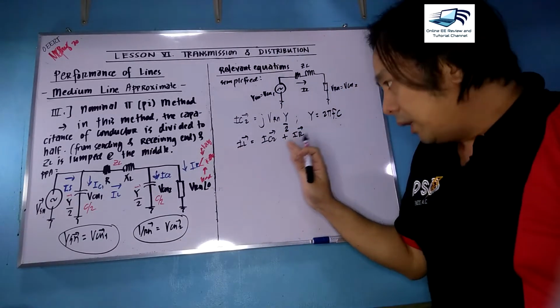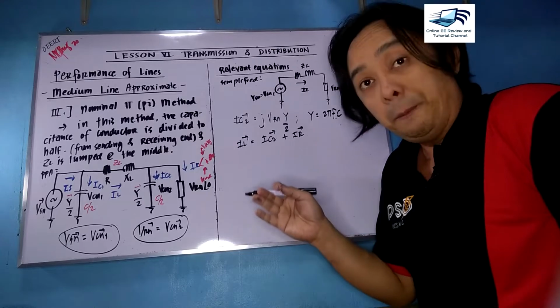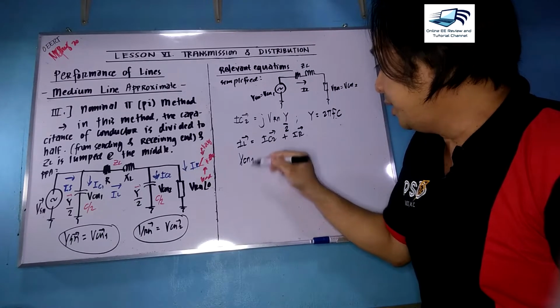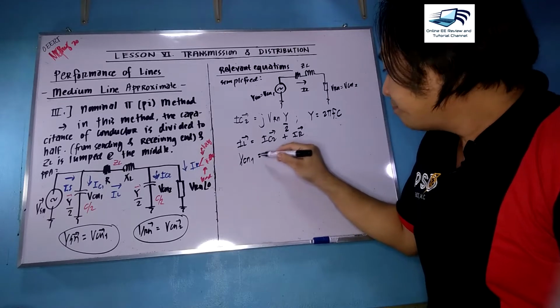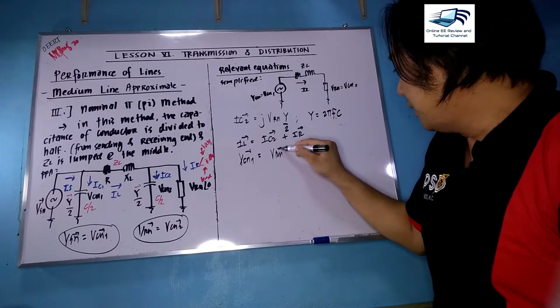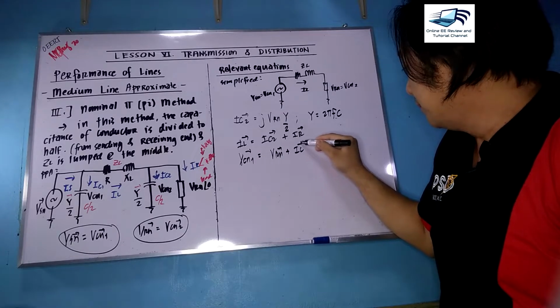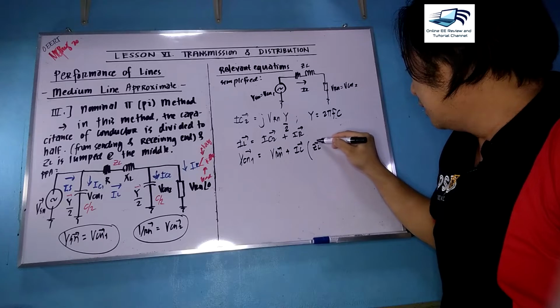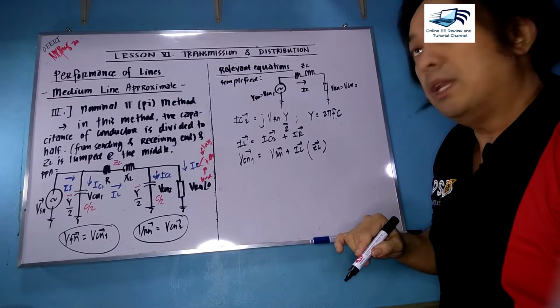Now, if you already have IL, you can now get your VCN1 by having VRN, which is your reference, plus IL multiplied by ZL, which is your R plus jXL.